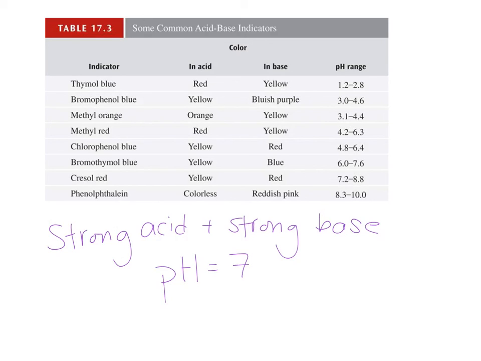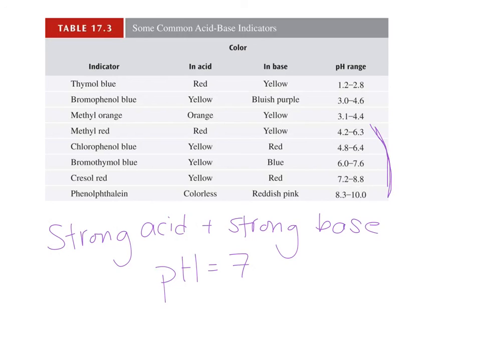So we could actually use quite a wide range of indicators, at least from this table, in order to get a good indication of when we have an equivalence point. So the strong acids and strong bases can actually use any of these indicators here to tell us when we would be able to reach an equivalence point.